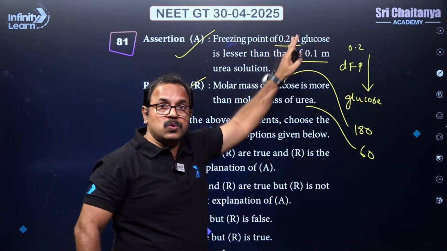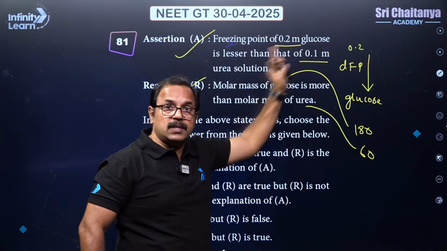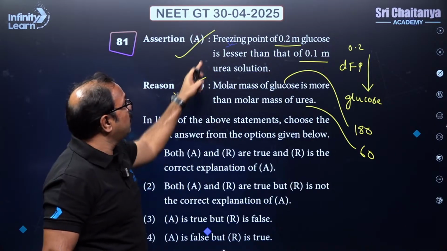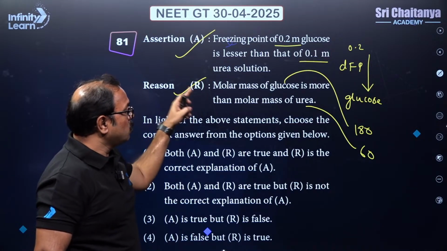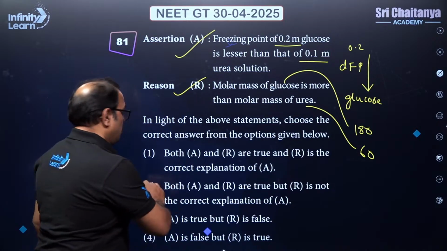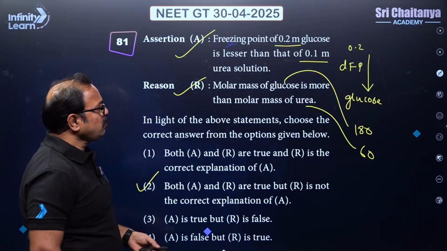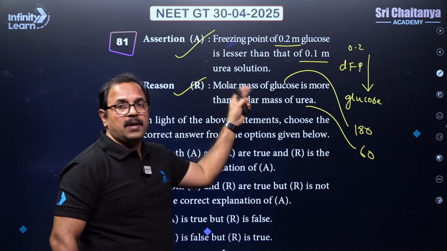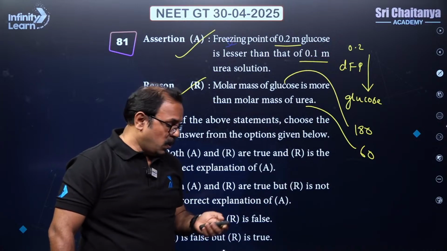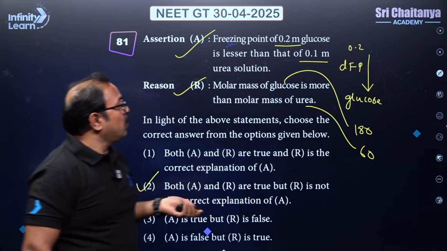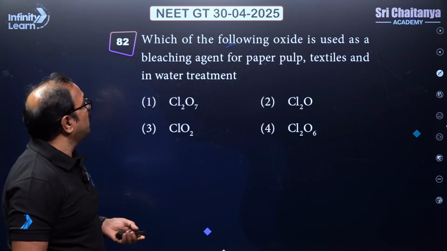It could have been an explanation, but that's a different issue. In this case, this is an individual entity which is not much related. So both are correct statements, but it's not an explanation. The explanation is that 0.2 molar glucose has more particles than 0.1 molar urea. That will be the condition.